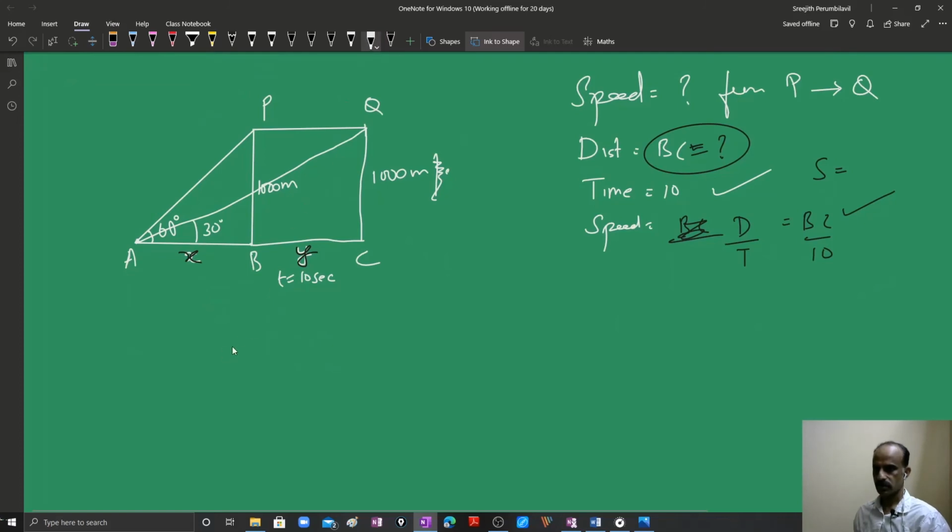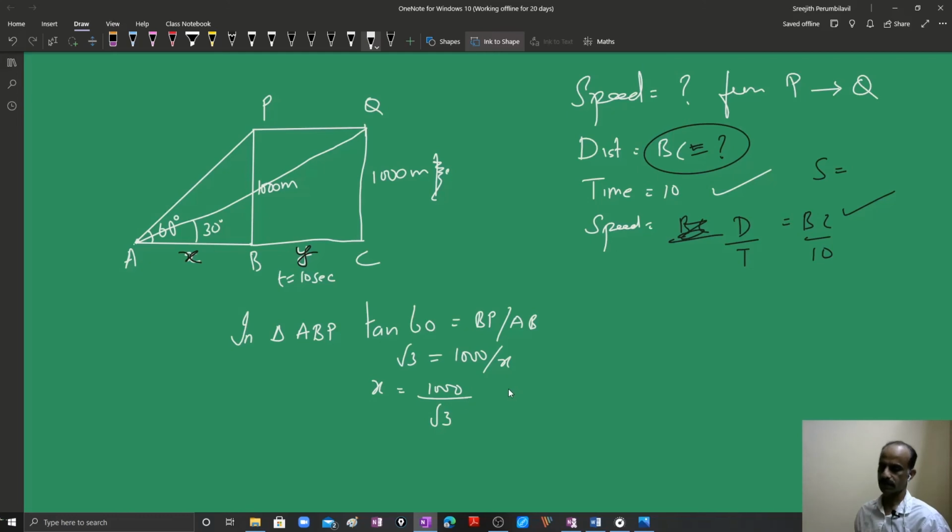In triangle ABP, opposite side by adjacent side, tan 60 is equal to BP divided by AB. Root 3 is equal to 1000 by X, so X is equal to 1000 by root 3. I will keep it like that.